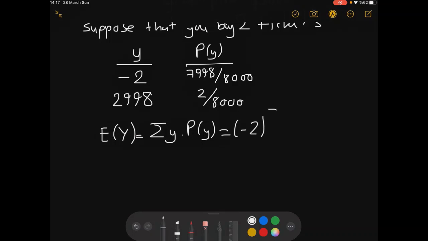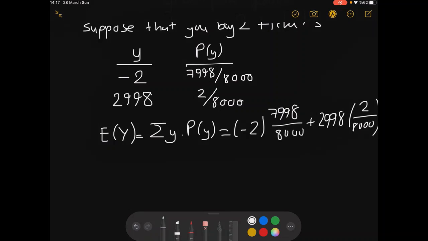and you will end up with -2 times this probability plus 2,998 times 2 over 8,000.